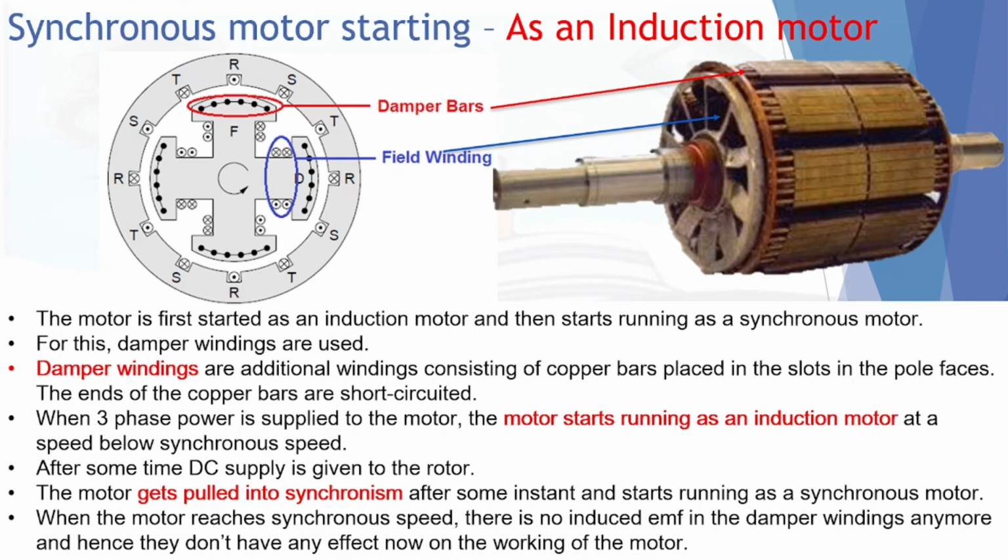So in case of an increment of the load, the rotor tends to slow down, if the excitation is not enough. Whenever it tries to slow down, there will be an induced EMF in the damper winding because it's a squirrel cage arrangement. Then it will provide additional torque, which again helps to pull the rotor back into synchronism.